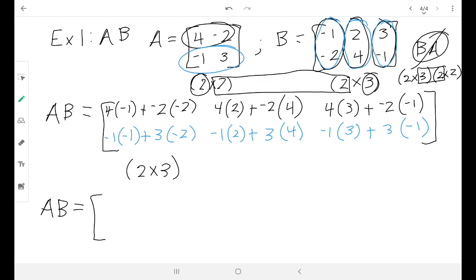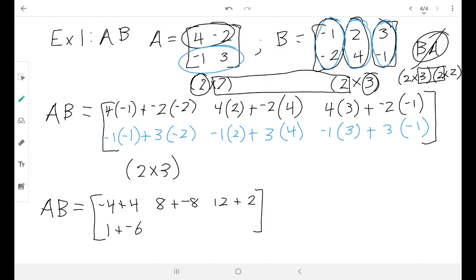and then we can start putting everything together. 4 times -1 is -4, plus -2 times -2 is 4. 4 times 2 is 8, plus -2 times 4 is -8. 4 times 3 is 12, plus -2 times -1 is +2. And then -1 times -1 is +1, plus 3 times -2 is -6.